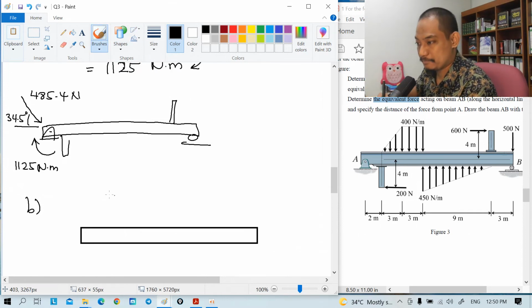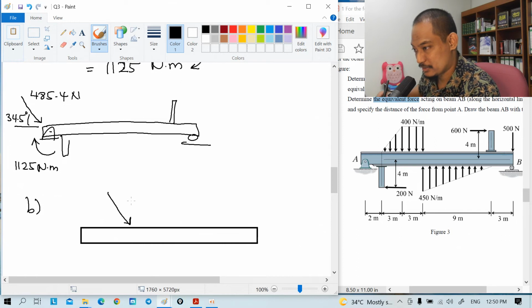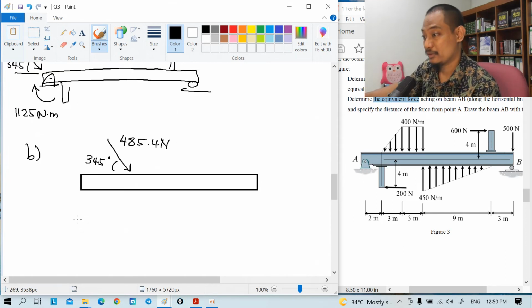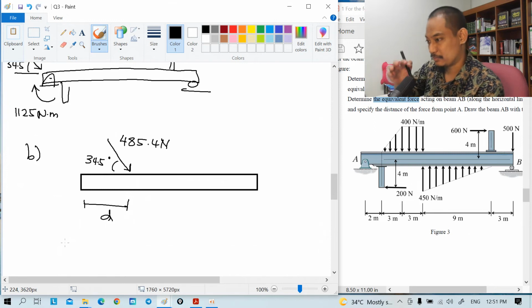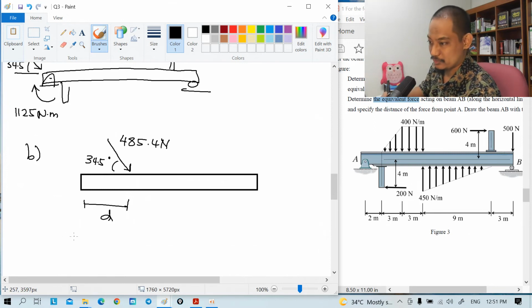Okay, if ignoring the other shape, so it would be something like this, right? 485.4 Newton, and then angle of 34.5 degrees, and then we need to find what is the distance. So the distance is, meaning that summation of force equal to 0 using that one.